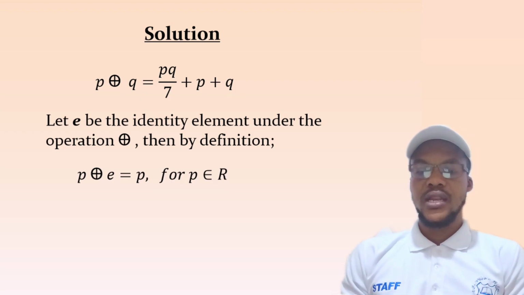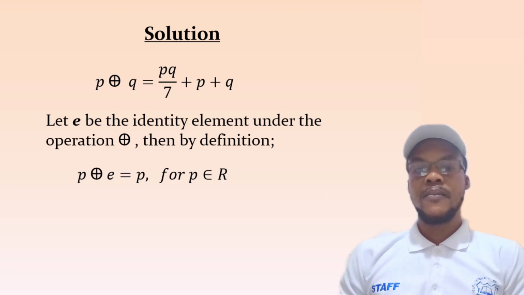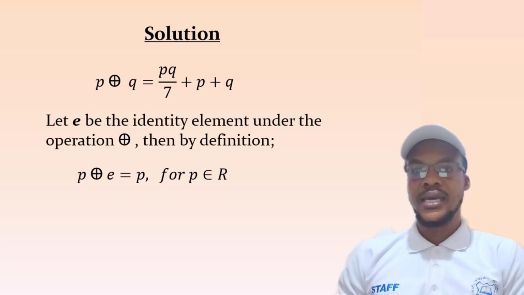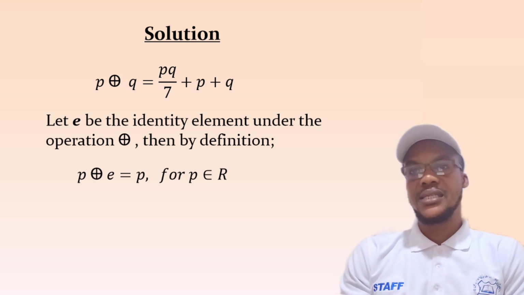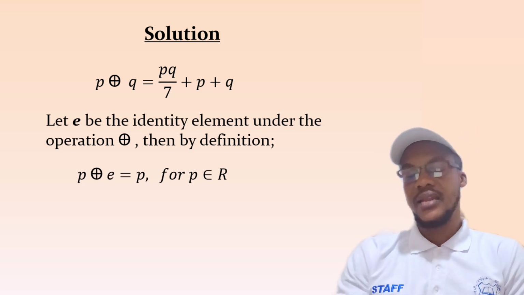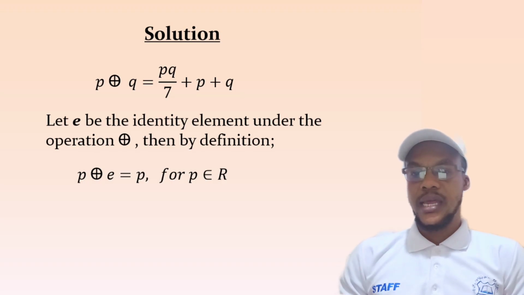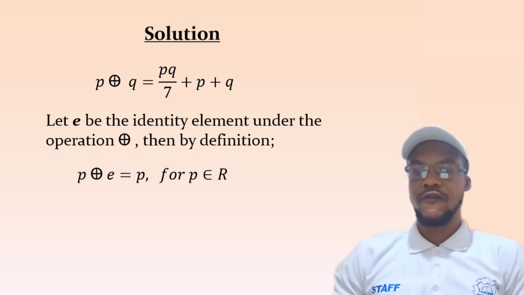So when P operates with the identity element, we must get the same P. Likewise, when the identity element operates with an element, we must get that same element, and that element must fall within the set given.